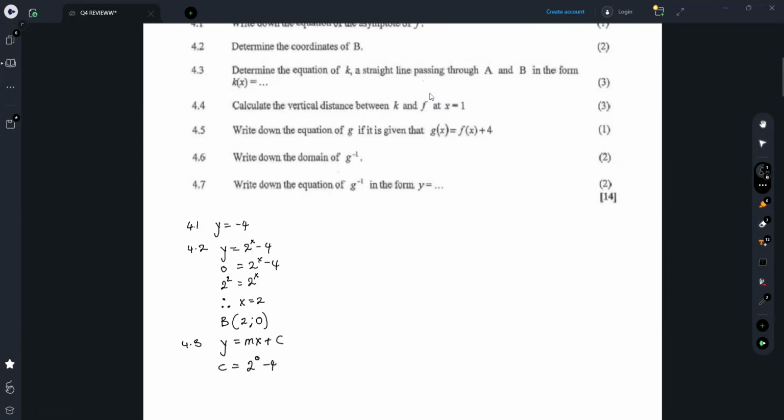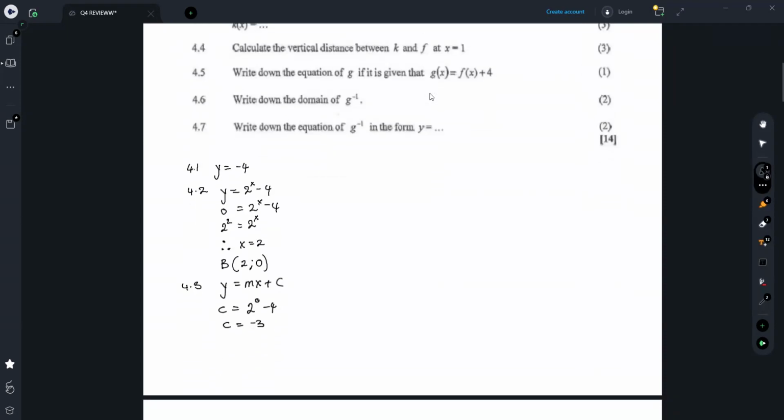Okay, so now I am using the exponential function because at that point there, the x value is 0. And I know that this C represents the y value at that point. Okay, so now C is going to give us how much? This is going to be 1 minus 4, giving us -3. So we have solved for C.